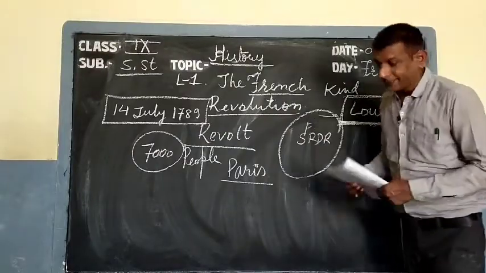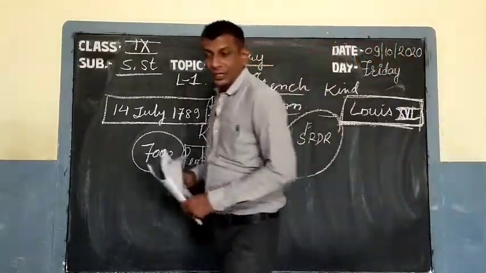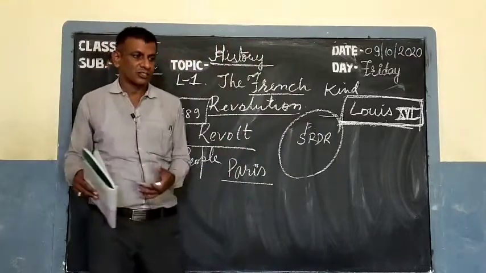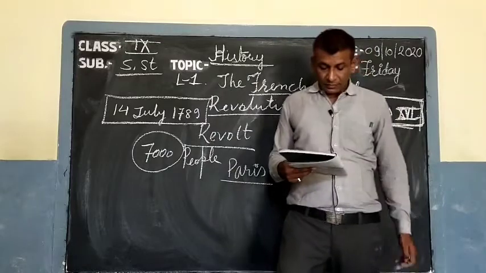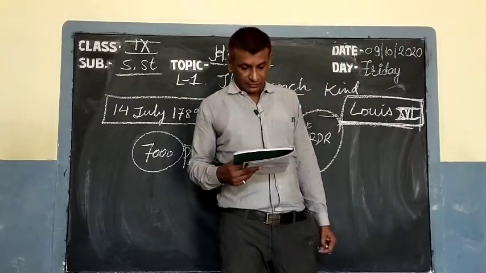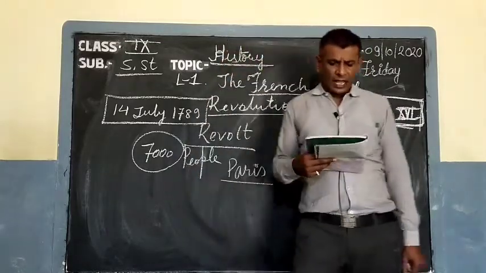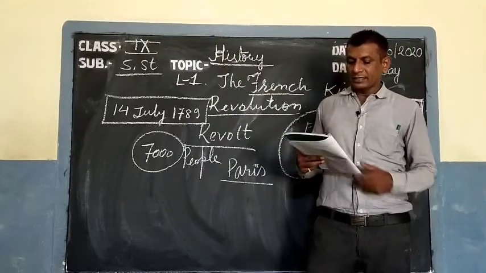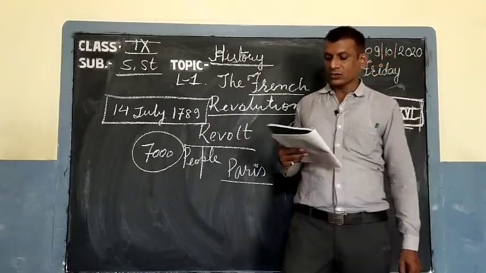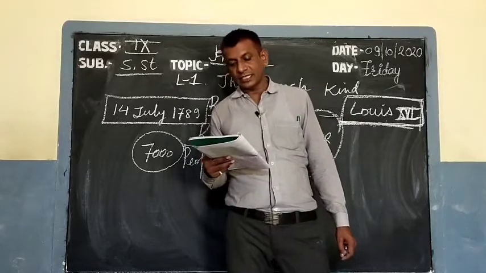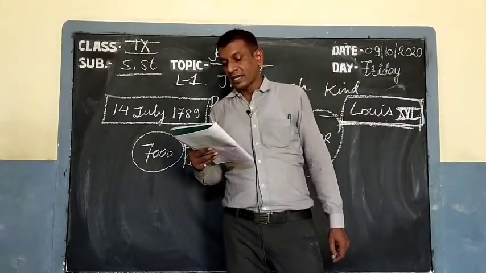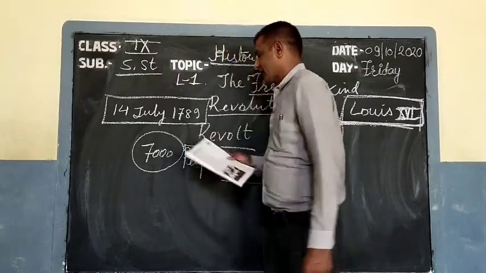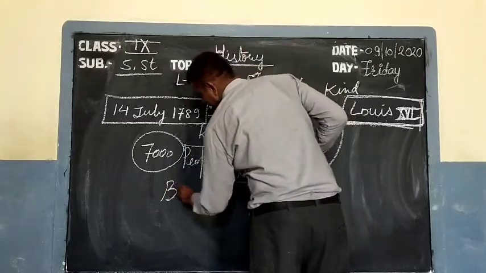That day people gathered, they searched for arms and weapons here and there in the buildings. They made a military. Finally, a group of several hundred people marched towards the eastern part of the city and stormed the fortress prison, the Bastille.